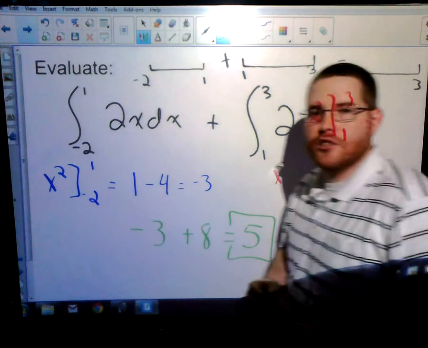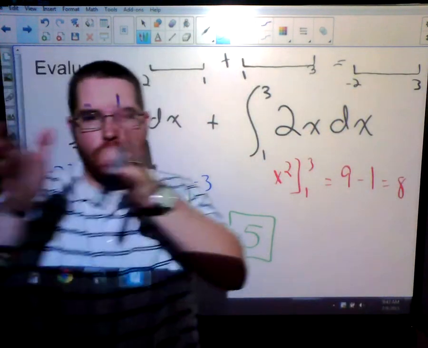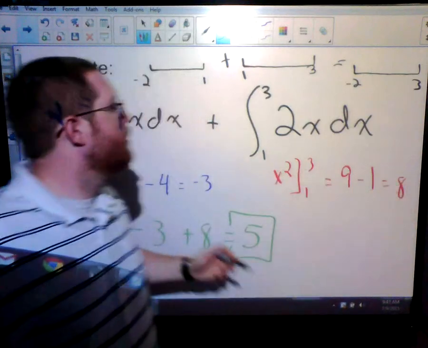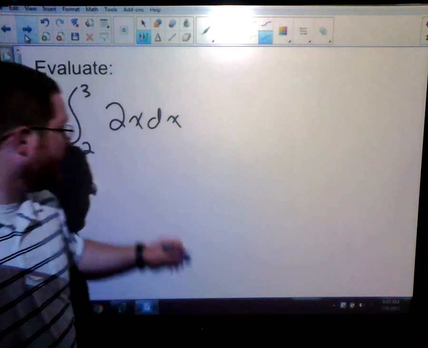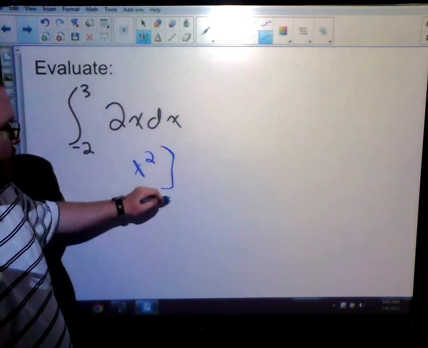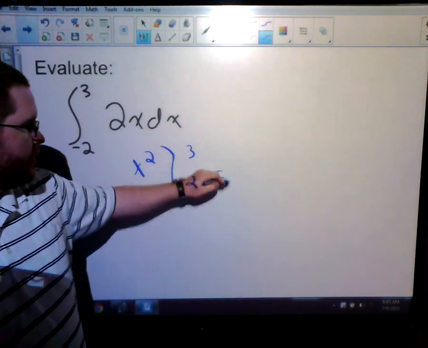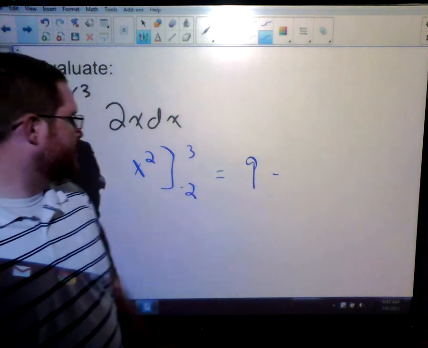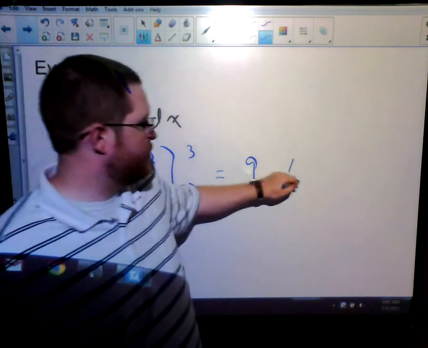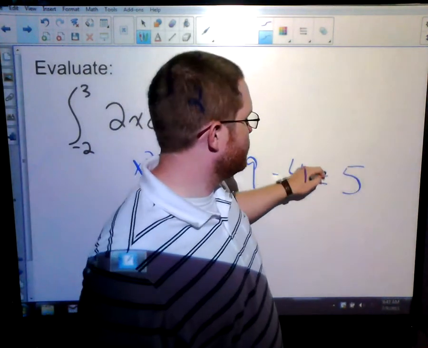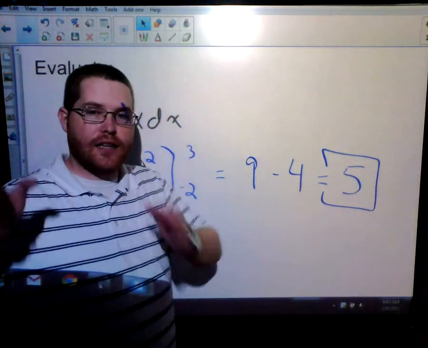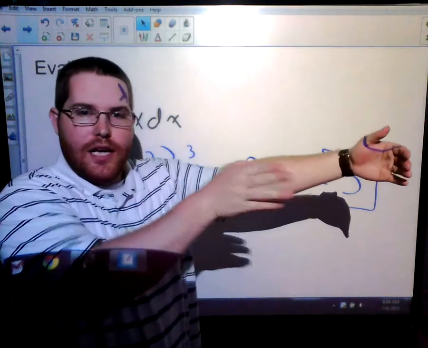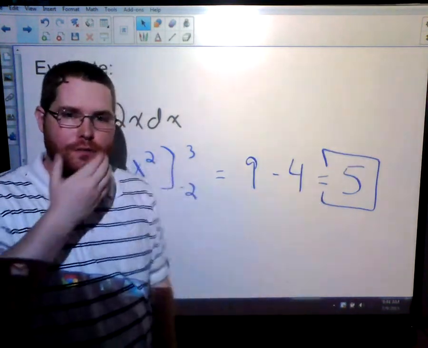So instead of doing it as two separate integrals, let's do it as one integral from negative 2 to 3. That's x squared evaluated from negative 2 to 3. That's 9 minus 4, which is also 5, which is what I got in the last slide. What's this saying? It's saying that the integral of each part added together is the integral of the total.